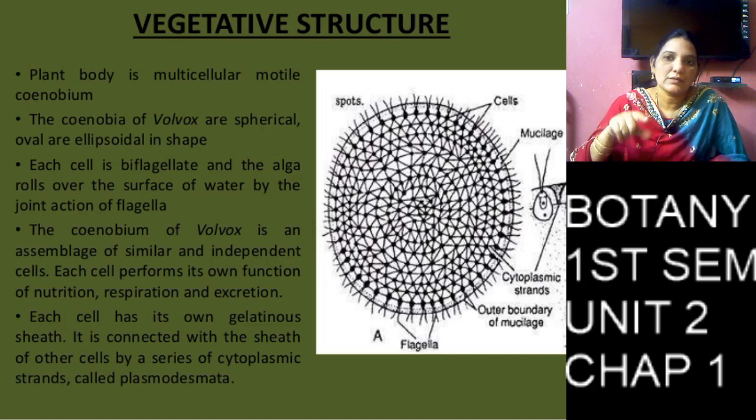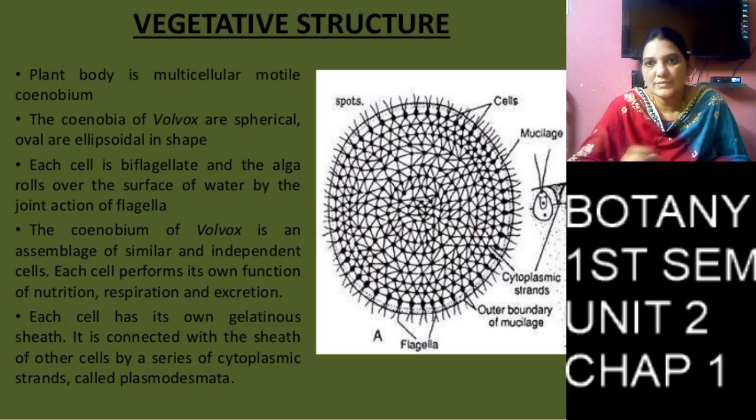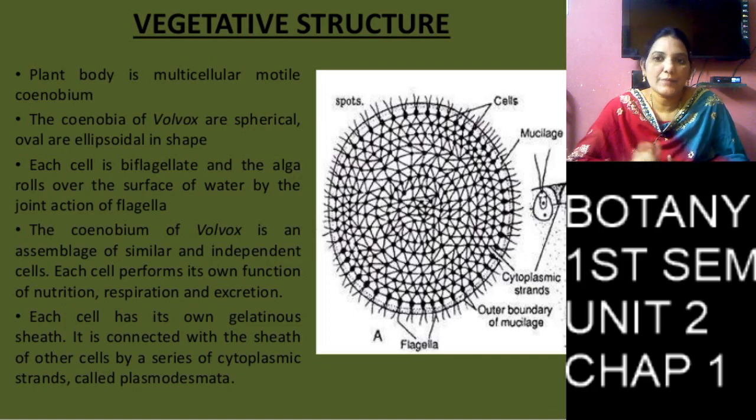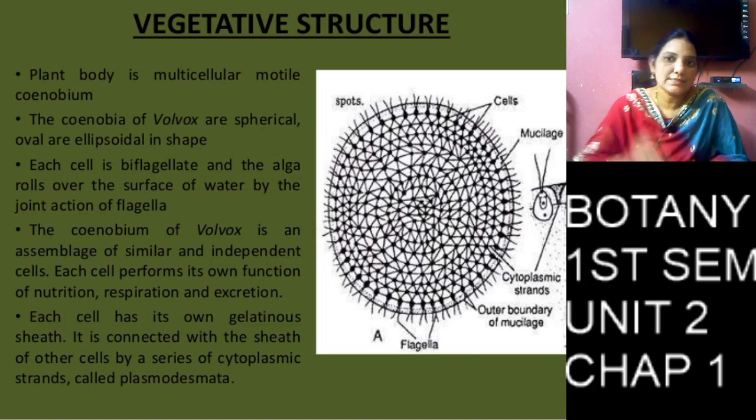The cytoplasm has one nucleus and a cup-shaped chloroplast, with one pyrenoid present in the chloroplast. Two vacuoles are present, and one eye spot is also present in the single cell.